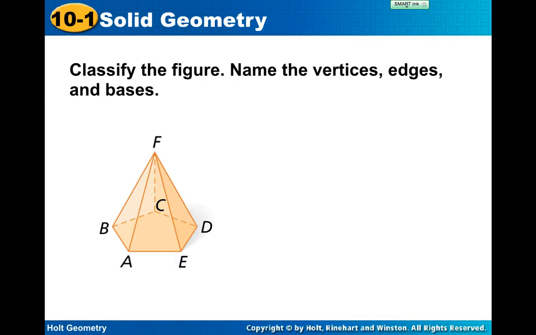Name the vertices. What are you naming when you name the vertices? You're naming the points, like the corner points of it. You're naming the edges. You're naming the segments of it. You're naming the bases. Depends upon the shape. We don't have a symbol for pentagon. We'll just list the vertices.